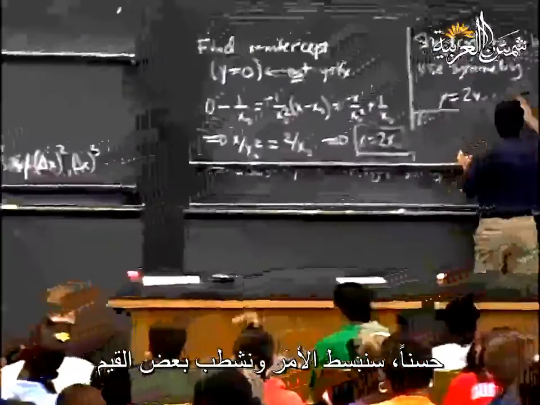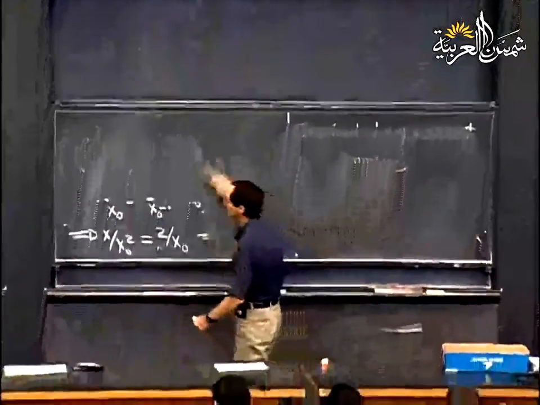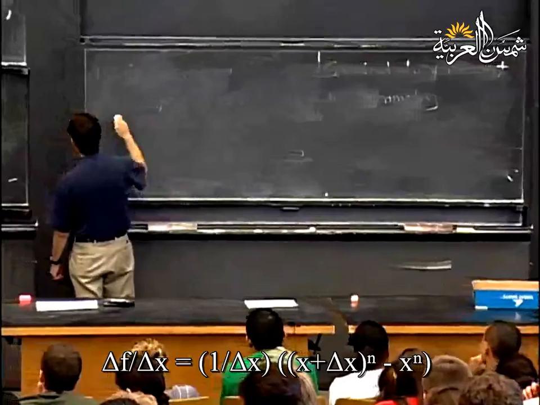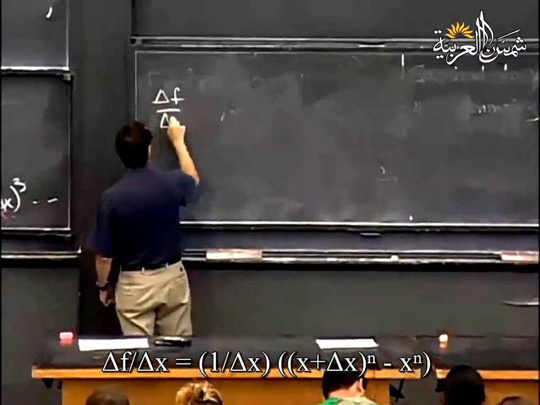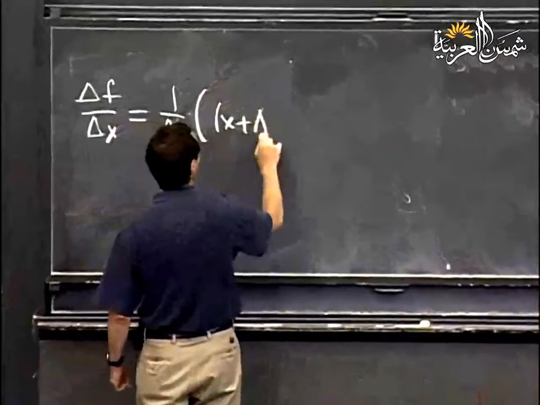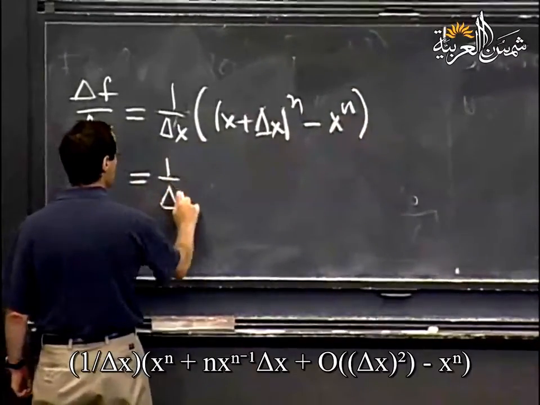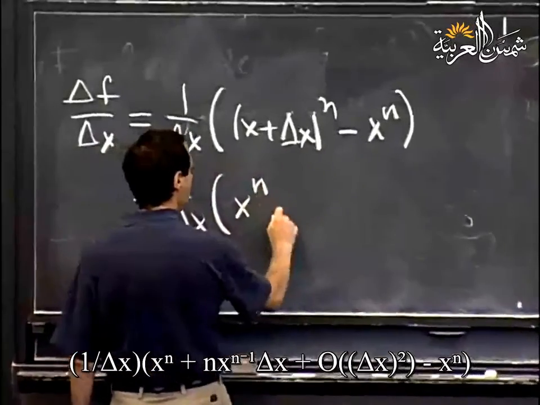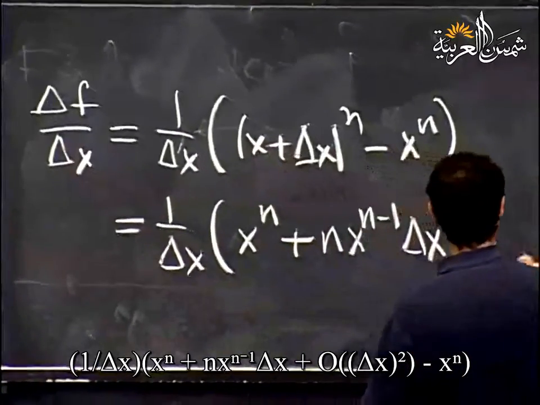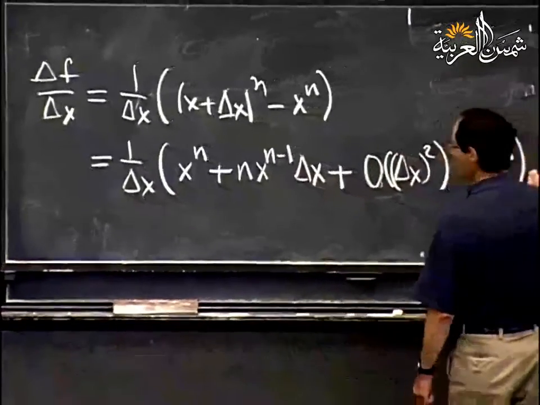So, now I'm going to just carry out the cancellations that we need. So here we go. We have delta f over delta x, which remember was 1 over delta x times this, which is this, times, now this is x to the n plus n x to the n minus 1 delta x plus this junk term minus x to the n.